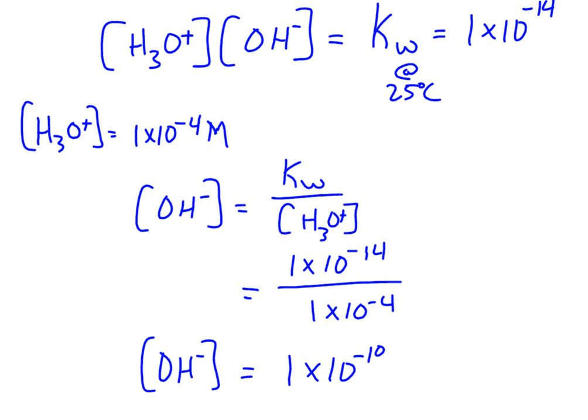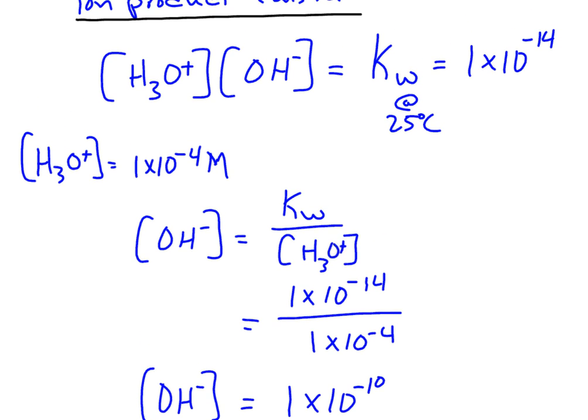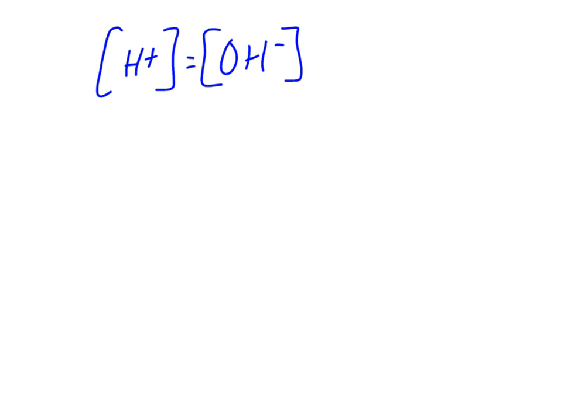The other thing that we're going to take a look at is whether a solution would be considered acidic or basic. Let's take a quick look at how that would work out. If it's neutral, that's probably the easiest way to start out. If it's neutral, the H plus concentration has to equal the OH minus concentration. We know that the product of those two things has to equal the Kw, which is 1 times 10 to the minus 14th.